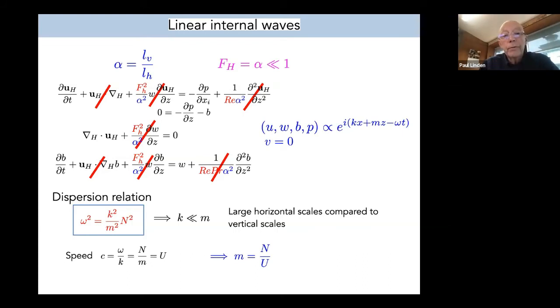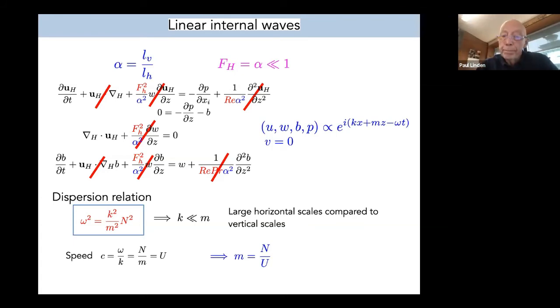We end up with a set of linear equations. We suppose that the velocity v in the y direction is 0, just for simplicity, and then write down solutions for the horizontal velocity u, the vertical velocity w, the buoyancy b, and the pressure p as a set of waves, e to the i(kx plus mz minus omega t).